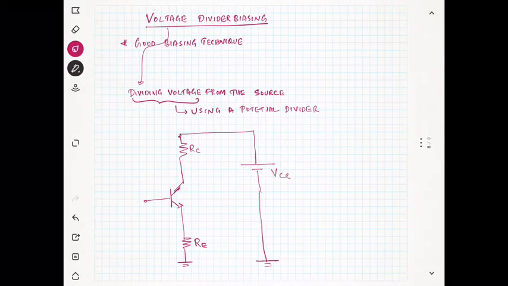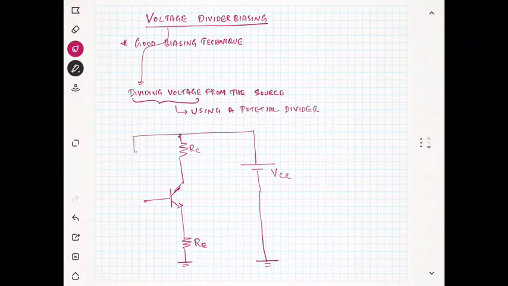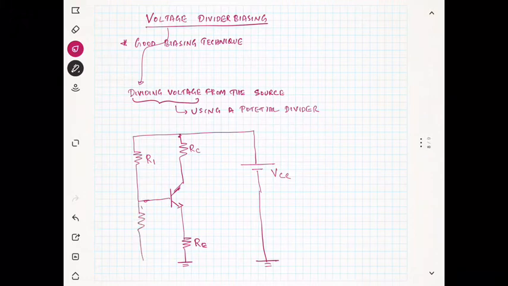Instead of showing it like this, we can show it in another way that I will explain to you. You can see that the voltage is divided by using two resistances, that is the potential divider. So this kind of arrangement is known as the voltage divider bias. You can draw the same thing in a different way also.